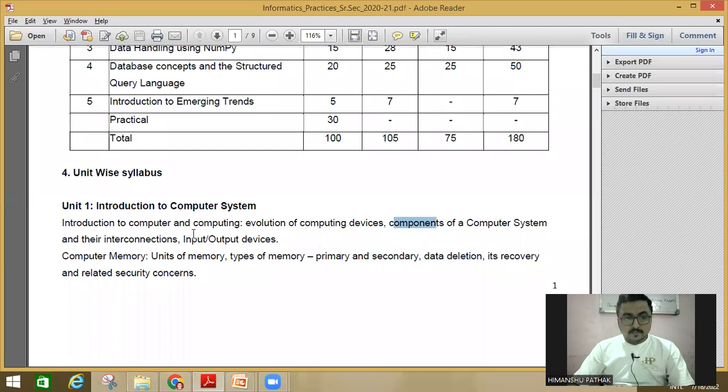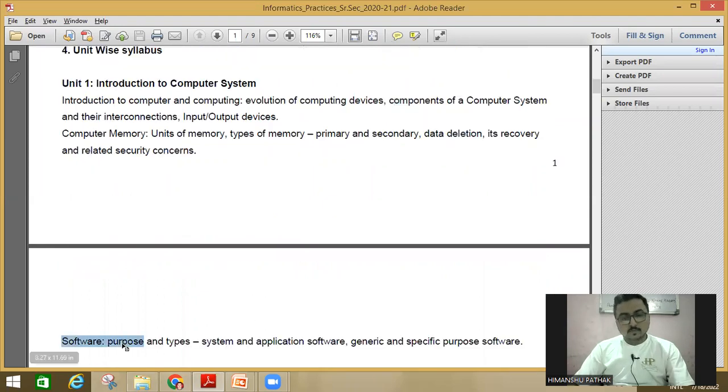Components, input-output devices, memory, softwares. So all these topics can be covered in the 9th class syllabus itself.